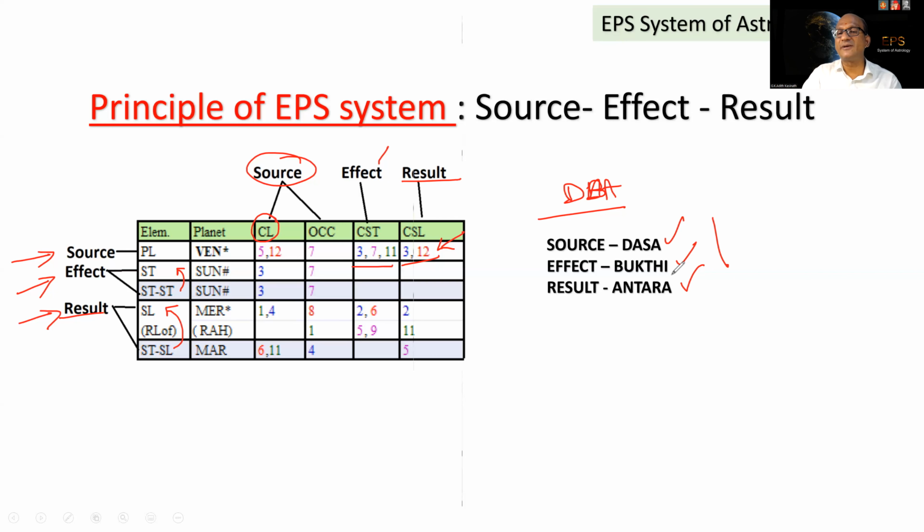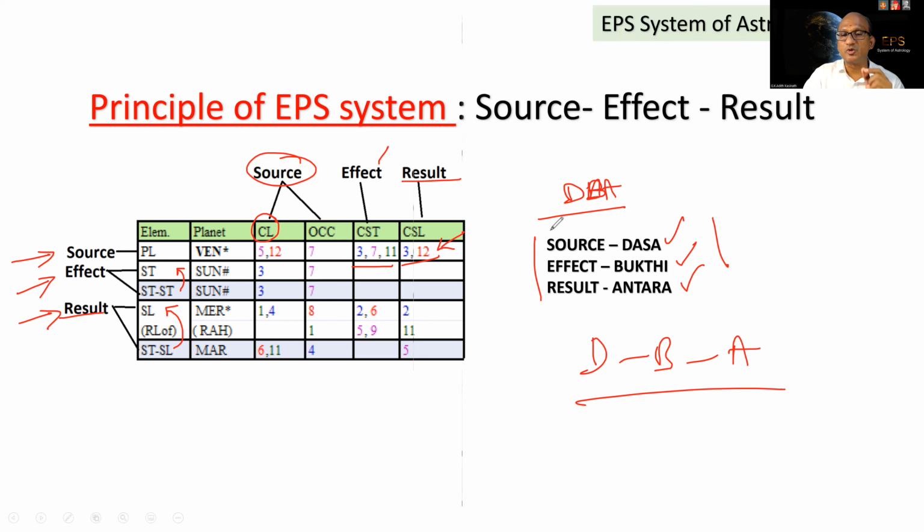It will vary from dasa to dasa. One antara will be supportive for one event under one Bukti, but we cannot expect the same impact of that antara lord under all the Buktis, because their impact is different when they act as the dasa, Bukti or antara.